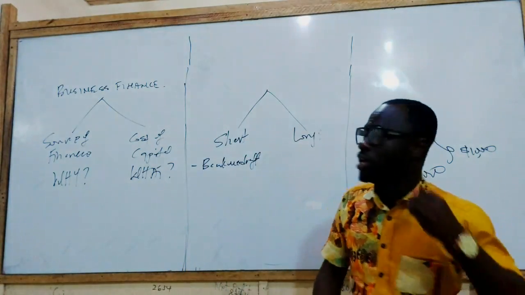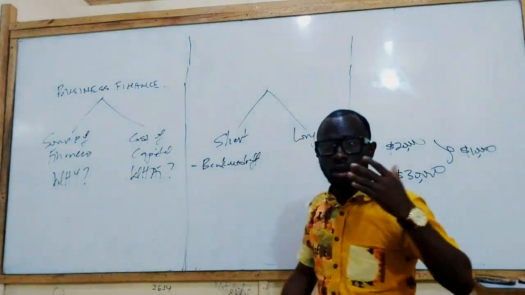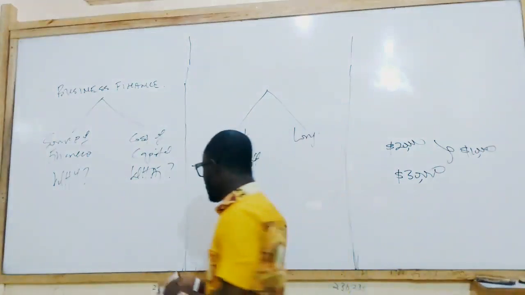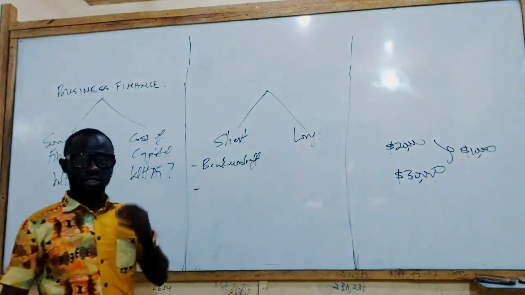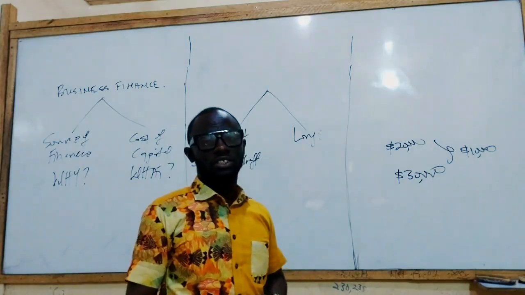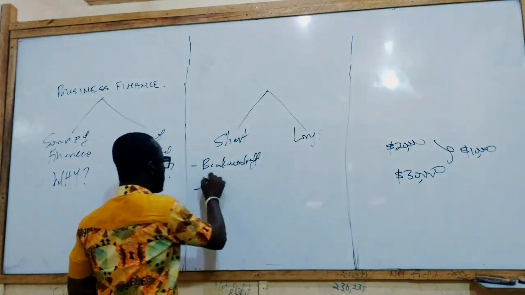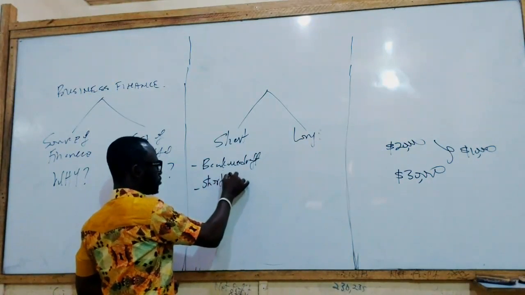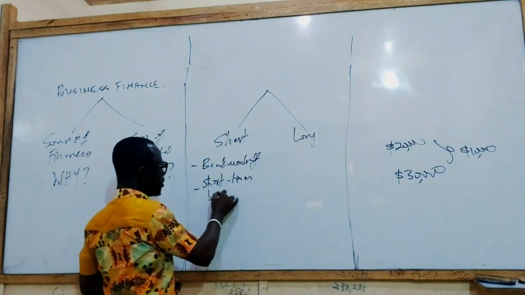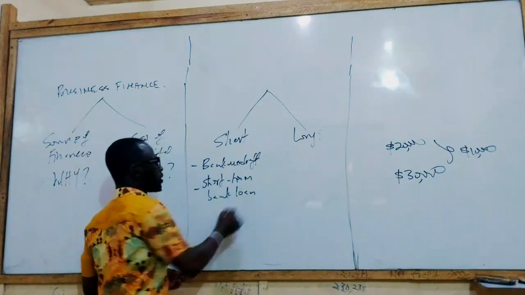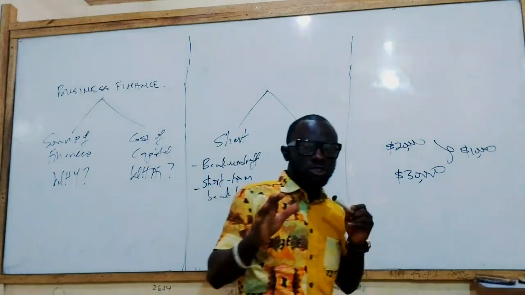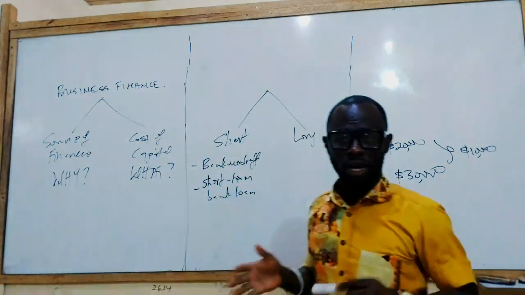In the short term, the company can raise money from bank overdraft. Then we come to the second aspect. Another thing about short-term finance is short-term bank loans. Now, there is a difference between the bank overdraft and the short-term bank loan.